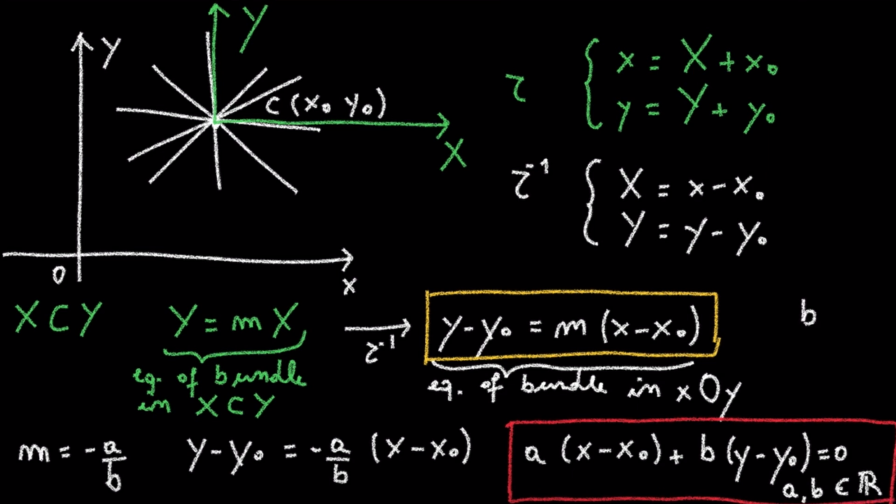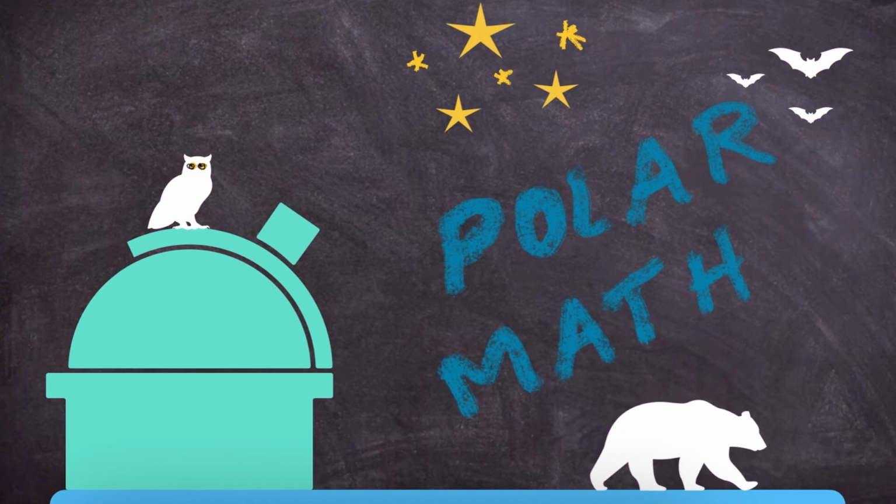You can also observe that for b equals 0, we obtain x minus x0 equals 0, which is the equation of the vertical line passing through C parallel to the y-axis.